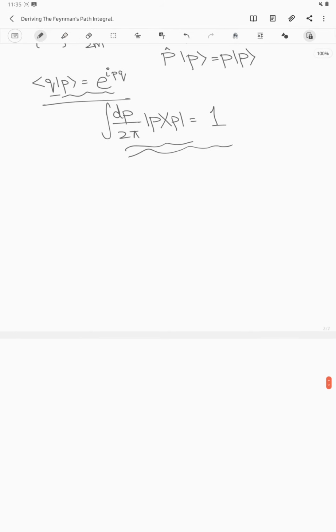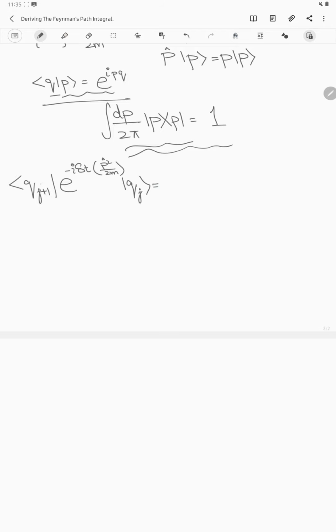So what would I have? Let me write this thing down. ⟨q_{j+1}| exponential negative iota, and now of course I'll have delta t, and for the Hamiltonian, I would just put in here p squared hat over 2m for a free theory, |q_j⟩. Now, what would this thing be equal to?